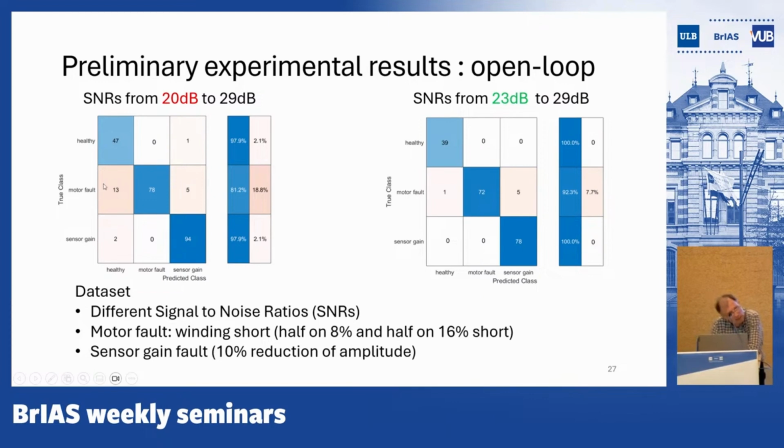Like for instance here, you have 13 situations where, despite the fact that you have a motor fault, it's declared to be healthy. So this is a missed detection. You have also here 1 false alarm. But you see that in the majority of the cases, a correct decision is taken. If you have increased signal-to-noise ratio, you have even better results.